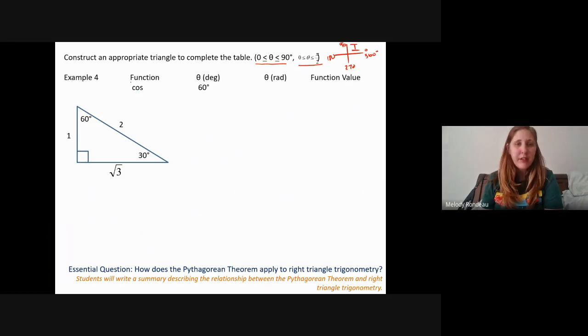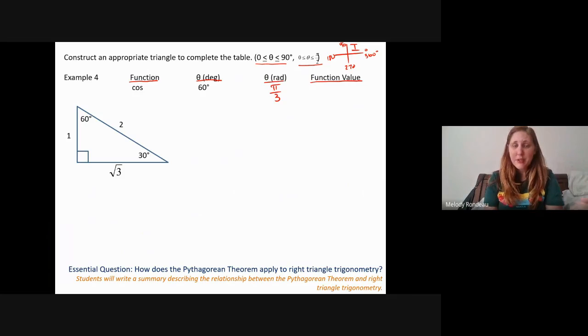We are told we're finding the function. This is supposed to be like a table. Here are the things that we're supposed to fill out. They give us the function cosine at 60 degrees. We're supposed to fill out radians and what the value is. So 60 degrees in radians is pi over 3. That is something that at this point or moving forward, you should just know.